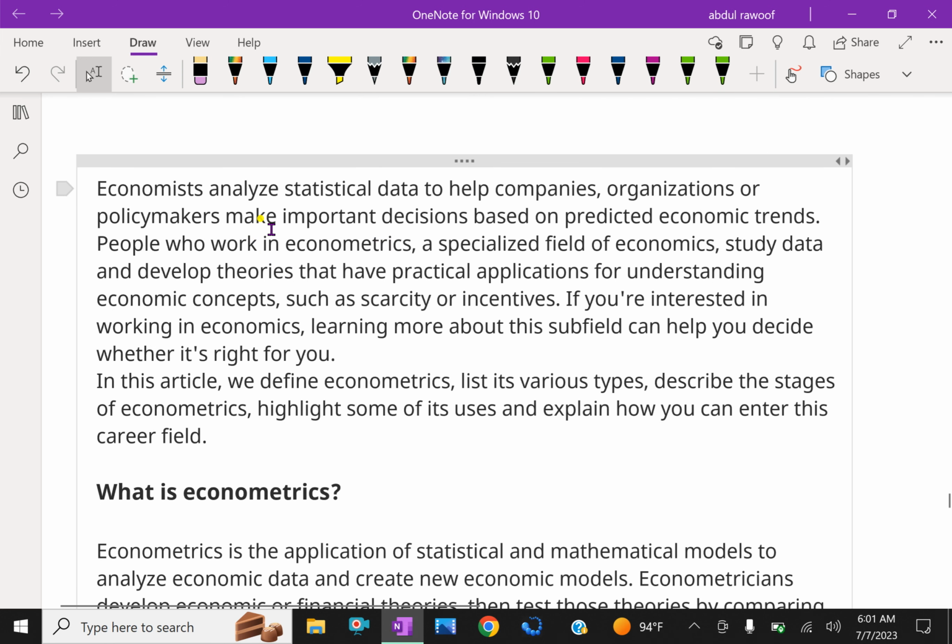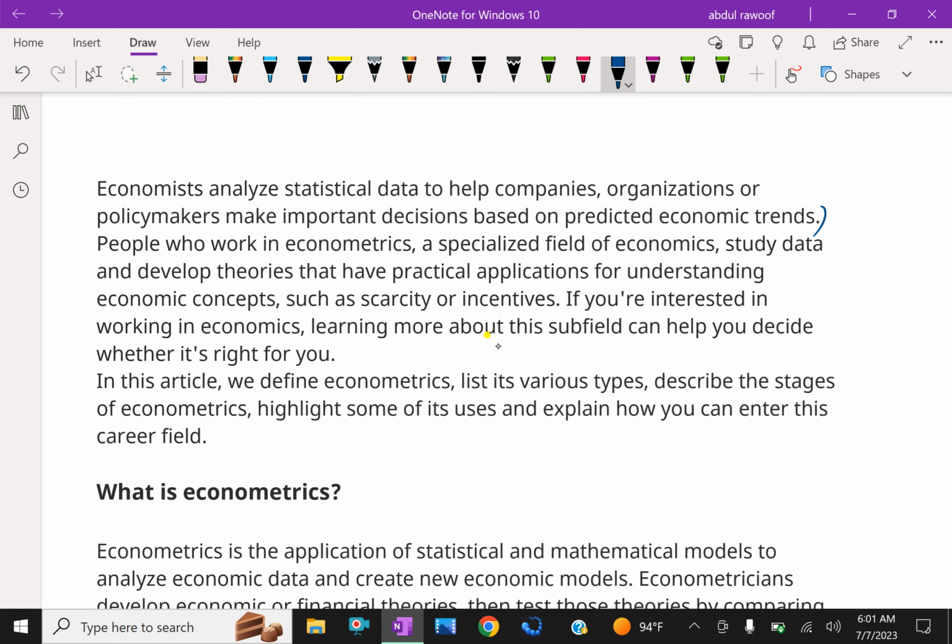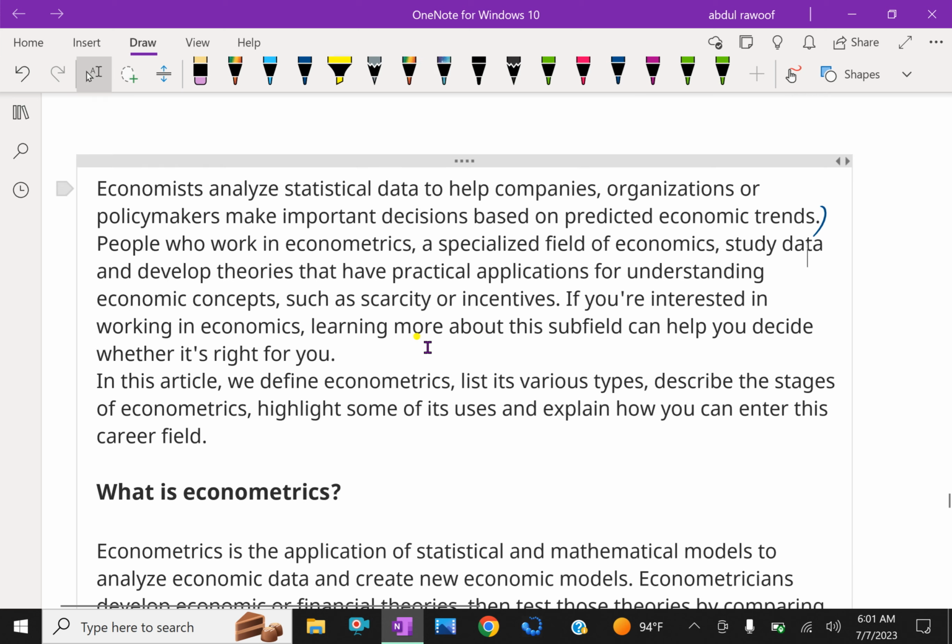Economists analyze statistical data to help companies, organizations, or policymakers make important decisions based on predicted economic trends. That means there must be a prediction to continue the business or policymaking.